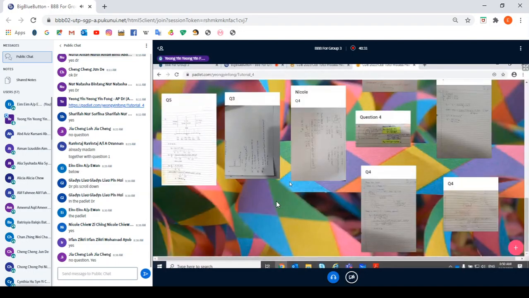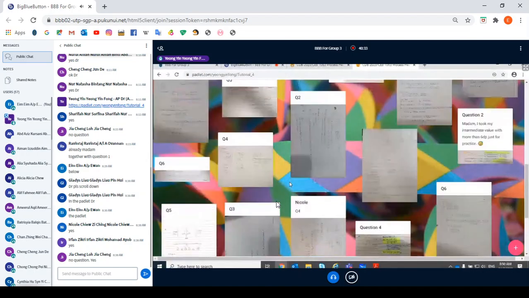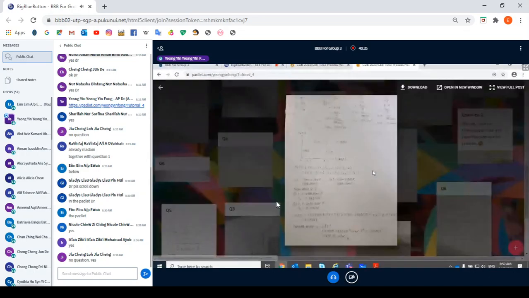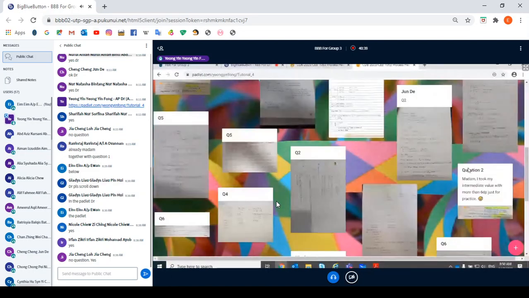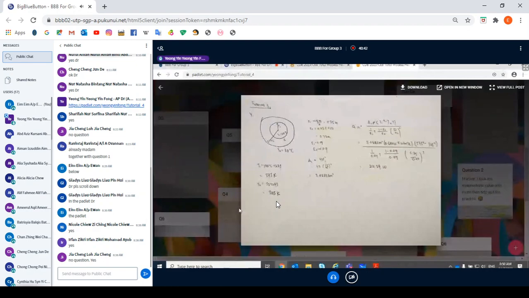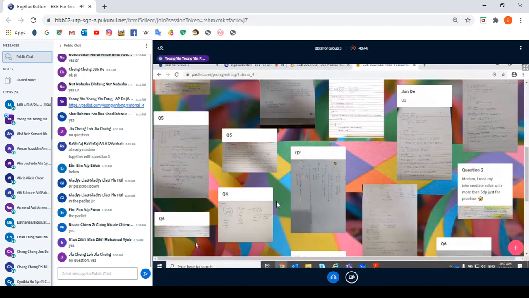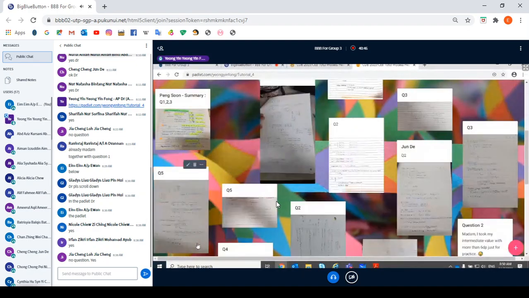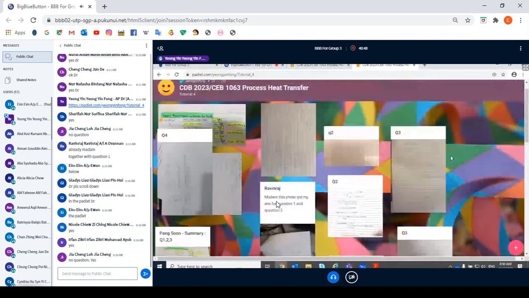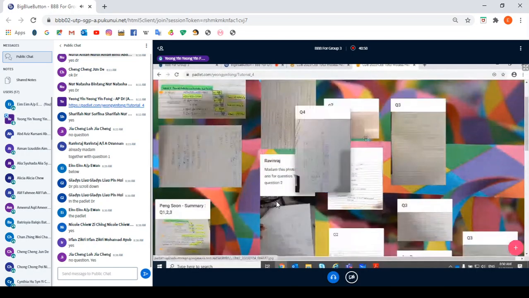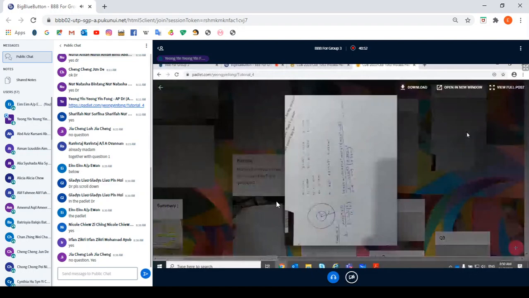So the answer is 211. For those who are still calculating, you may refer to the answers over here. Everybody can access this Padlet, isn't it? Hope it can help rather than me just sharing one way to all of you, but unless I can see everybody is calculating and answering the questions.